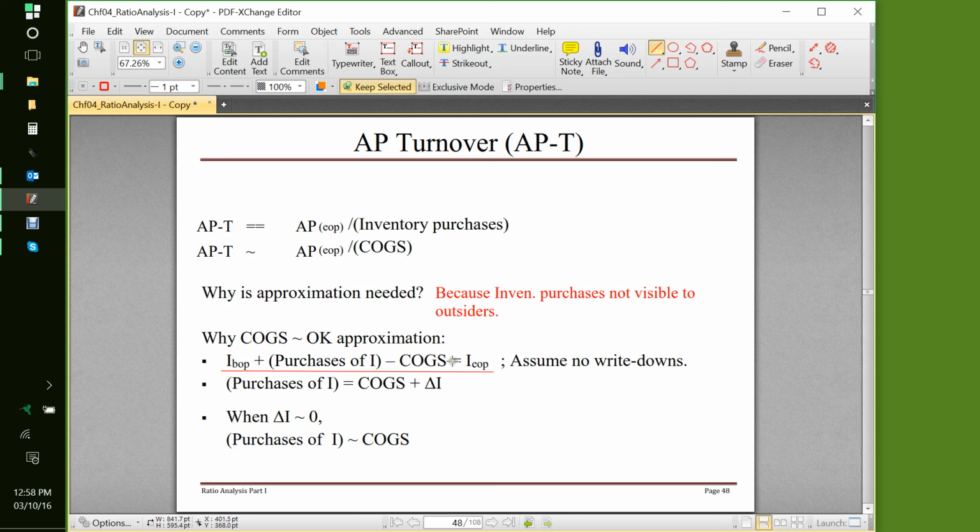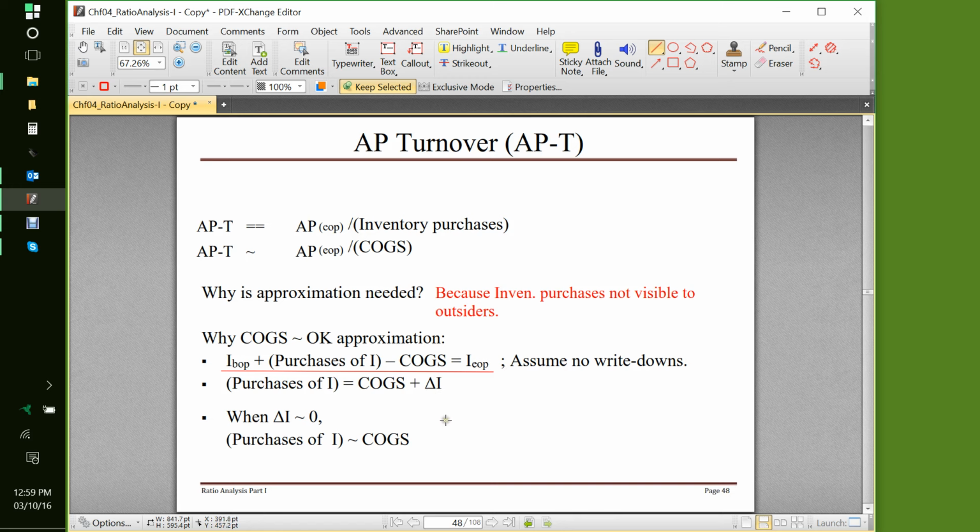What's our inventory at the end of any period? Well, it's going to be the inventory we had at the beginning of the period, plus any purchases that we make, minus any cost of goods sold, right? Anything that's been matched to a sale and is gone. And this, of course, assumes no write-downs in the period, okay?